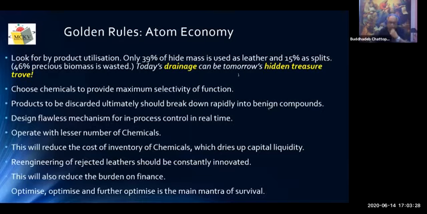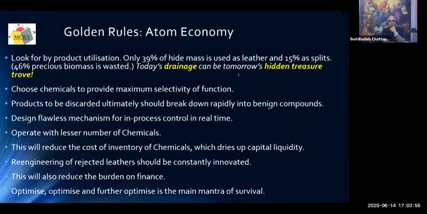As I have said about the cell engineering, 39% of hide mass is used as leather and 15% as split, but 46% of the precious biomass is wasted. Today's drainage can surely be tomorrow's hidden treasure. It can be a hidden treasure trove.